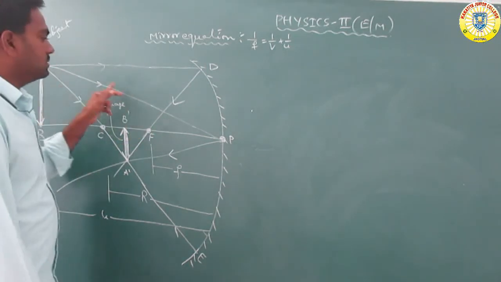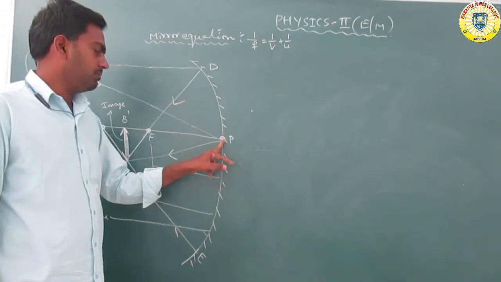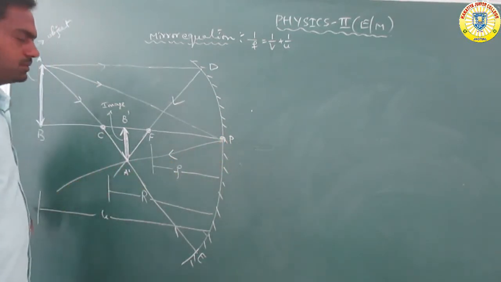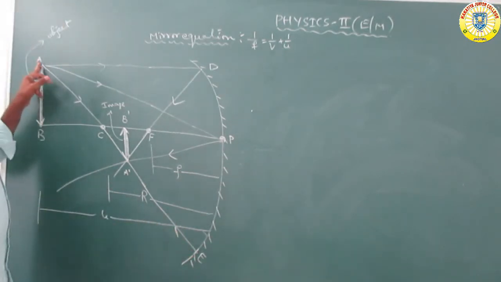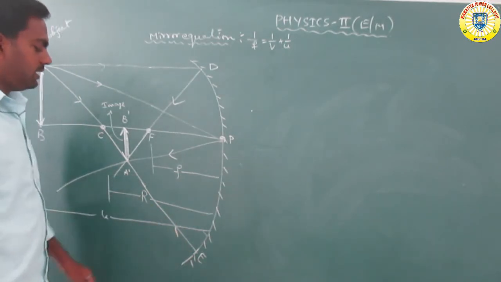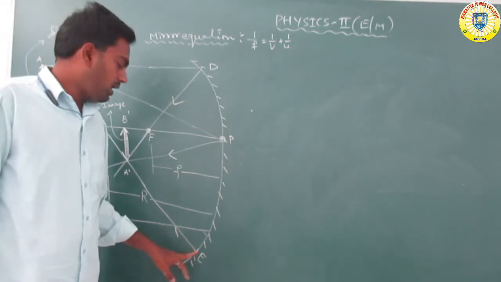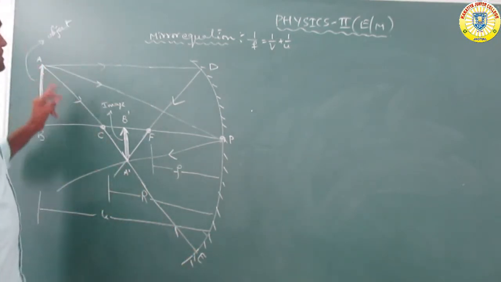The line AP passes through the pole of the mirror, and the line AE is incident at point E on the curvature.